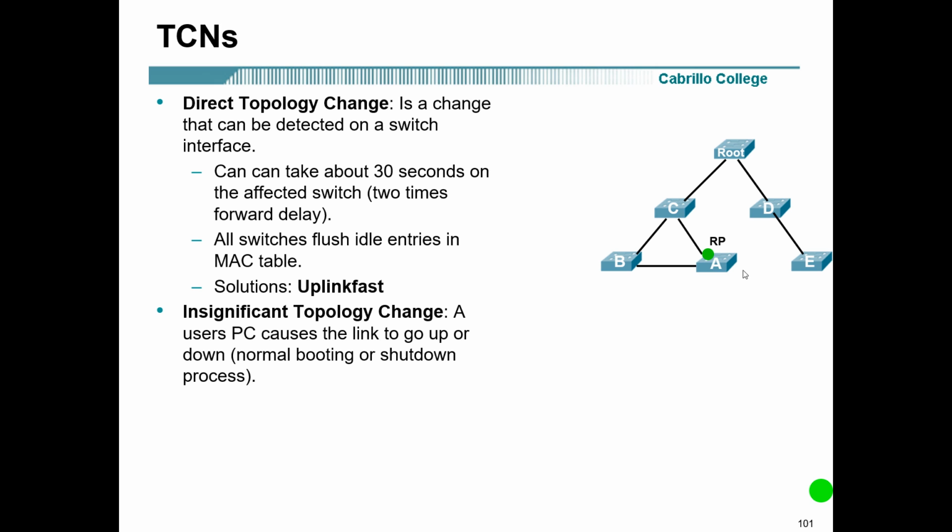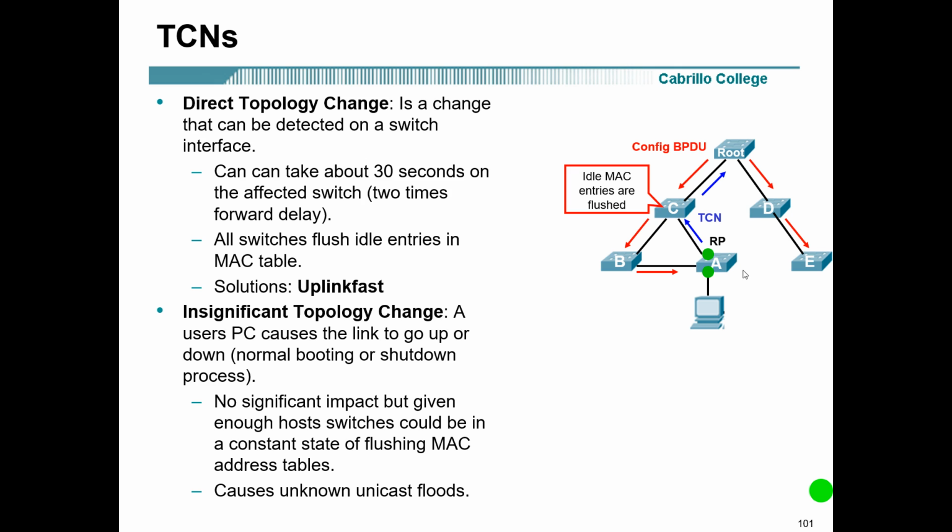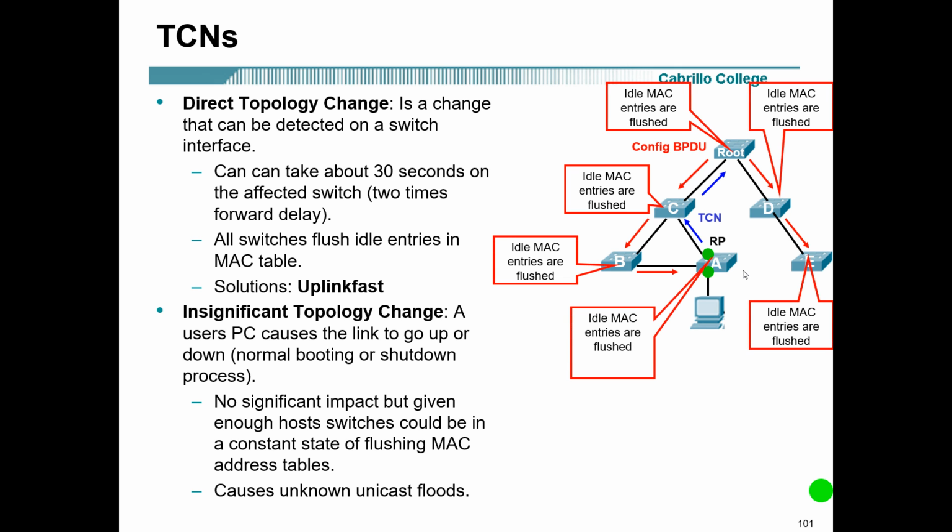An insignificant topology change, again, is a user PC going up and down. That's normal traffic. So no significant impact is given, but with enough host switches there could be a constant state of flushing the MAC address table. So that's why we don't want insignificant topology changes to cause this. The cause is an unknown unicast flood.